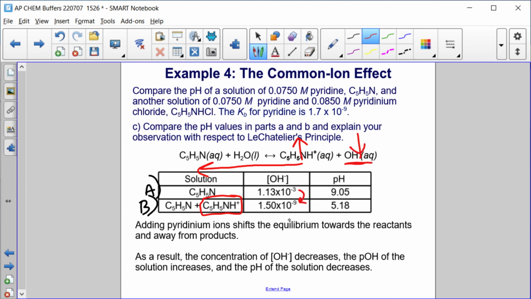Big decrease there, right? 10 to the minus 3 to 10 to the minus 9. A decrease in the hydroxide ion concentration increases the pOH and decreases the pH, which you can see reflected in the table.